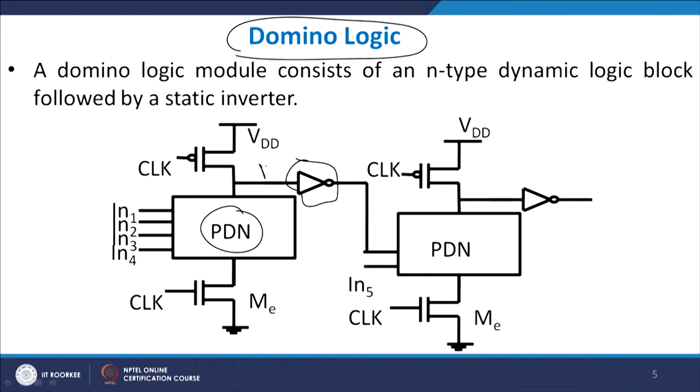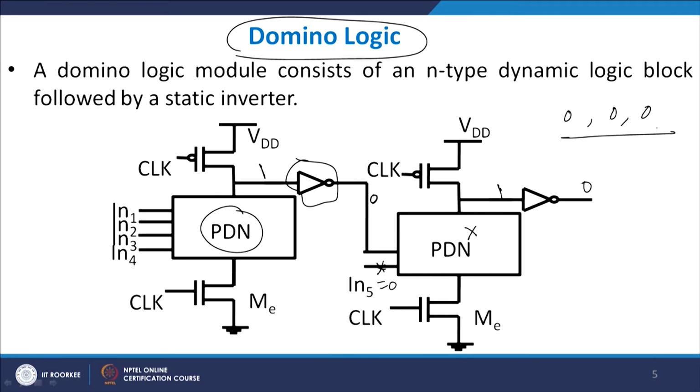Let us suppose your clock was going to 0. So, you are in the pre-charge phase, output goes to 1, and this goes to 0. If this goes to 0, the PDN is cut off, let us suppose, because there are no inputs. So, input is 0, and the PDN is 0. PDN being 0 means that again this is 1, this is 0, again this is 1, this is 0. So, all the outputs of my domino logic are in 0 state.